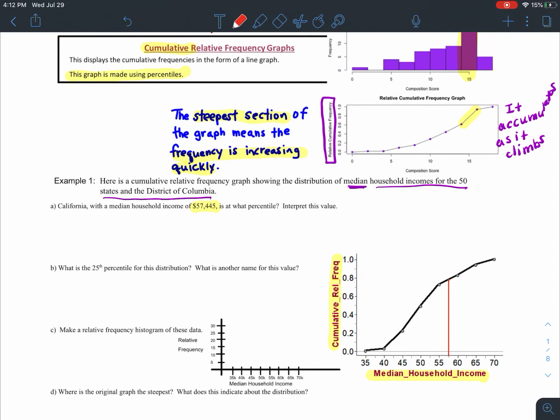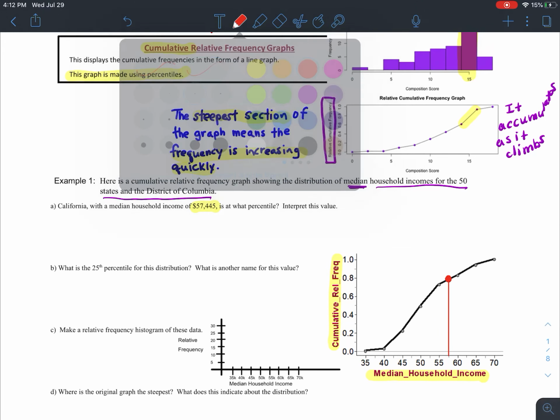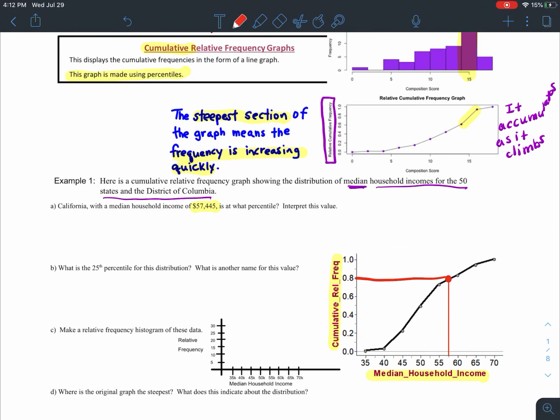I'm interested in this point right here, so I'm going to drag this over to the y-axis, and it looks like it's landing at 80%. Now here's what this means. California, which has a median income of $57,445, is at the 80th percentile.